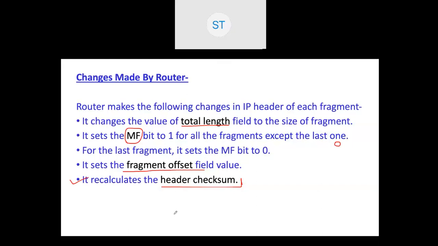What is the question? The station receives the datagram and it will check that MF is equal to 0. What may be the two options?